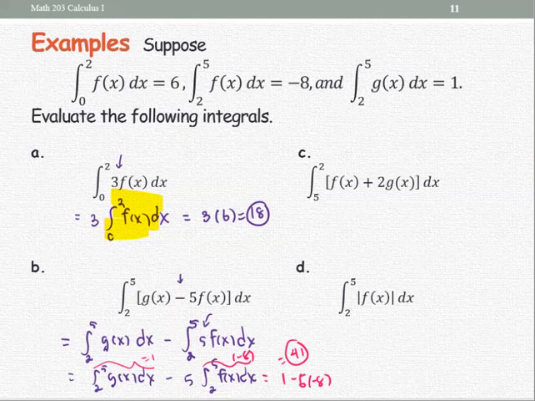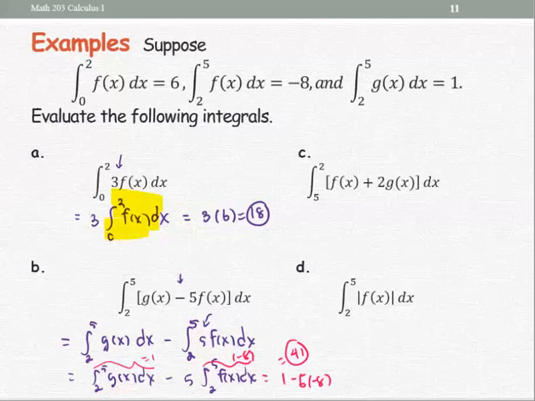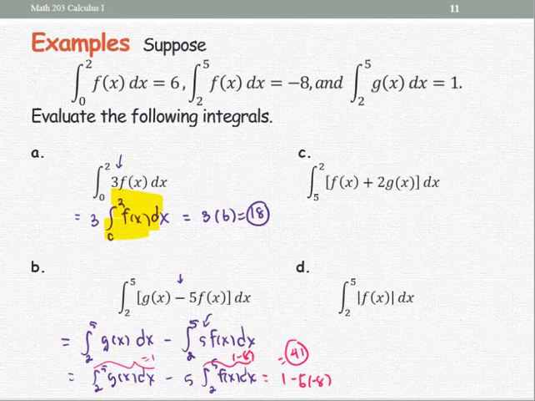In part C, we have the definite integral from 5 to 2 of the sum of f of x and 2 times g of x. So we can apply the integral of the sum as the sum of the two integrals. And also the lower limit and upper limit are not in the appropriate order, so we are going to swap the lower limit and upper limit and also apply the sum of the definite integral property.